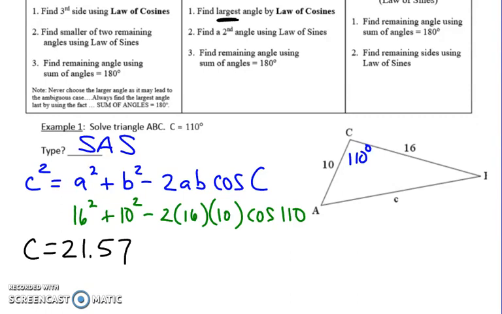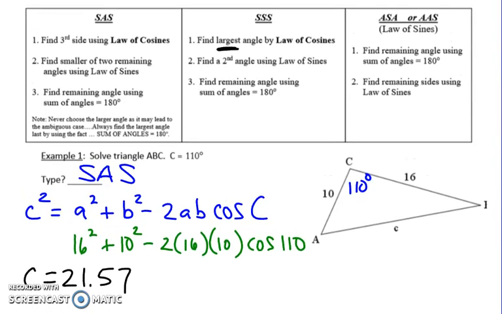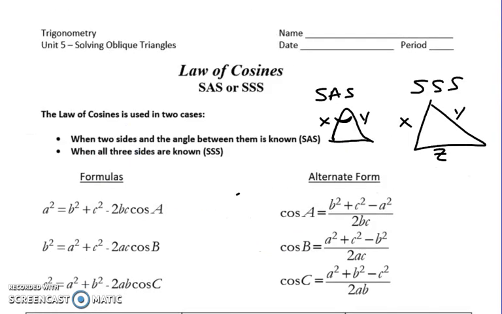So now that I know c, I can find a smaller angle using the law of sines.